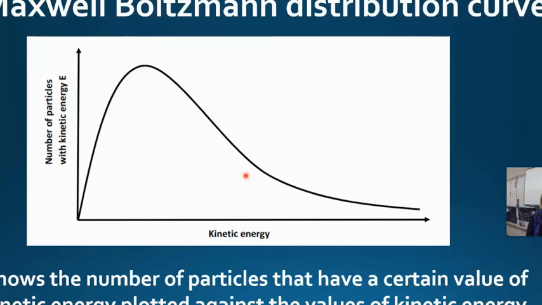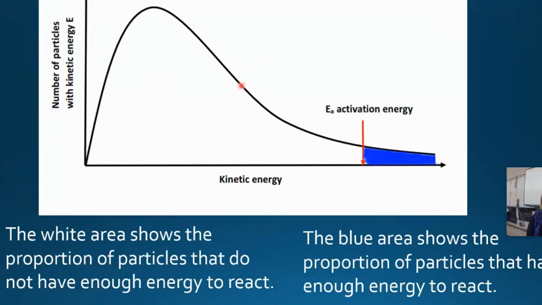The area under the curve shows the total number of particles in the sample. And at a certain temperature, the particles in the sample have a range of kinetic energies. On this distribution curve, we have this red arrow, which is the activation energy. And the activation energy is the minimum energy that particles must have for a chemical reaction to occur.